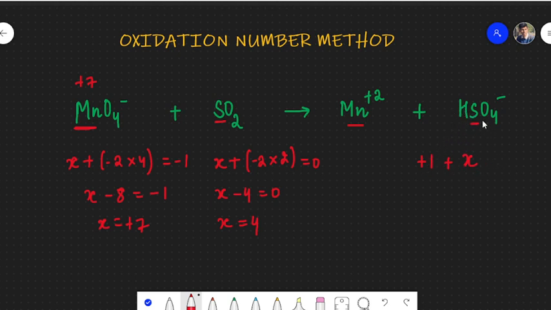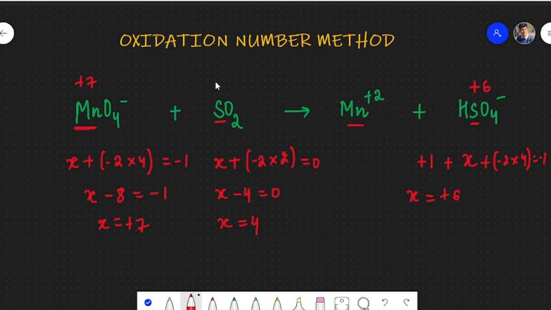So +1, 4 oxygens, so -2 into 4, and overall charge is -1. So x is equal to +6. Okay, so sulfur is +6. So this is step number 1, to write the oxidation state for each element.